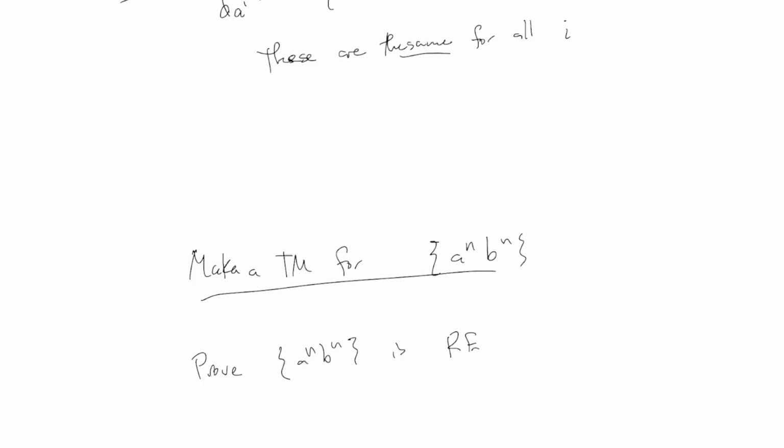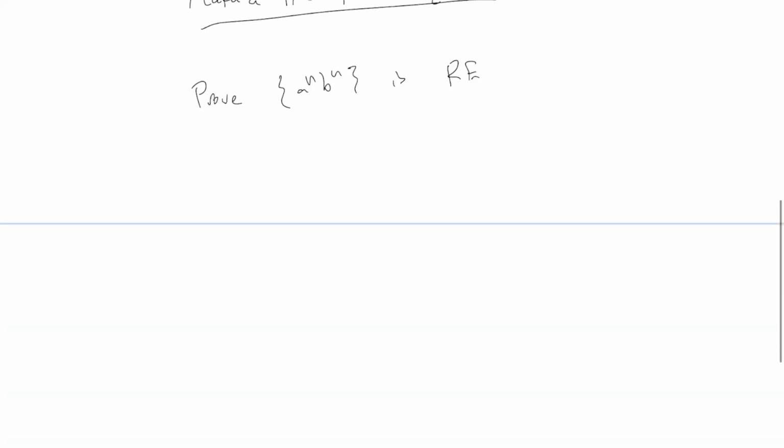How is A to the N, B to the N recursively enumerable? RE means it is the language accepted by some Turing machine. And it is. It's even more than that. Remember our big categories of languages? RE was the largest category.